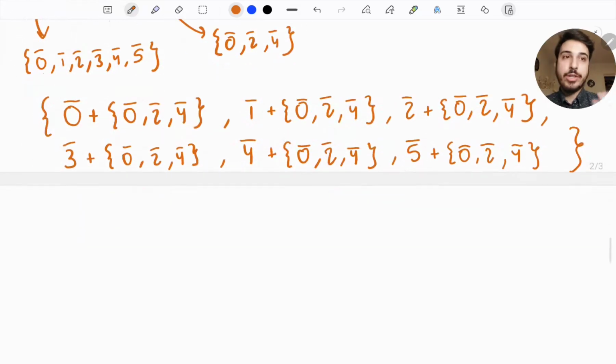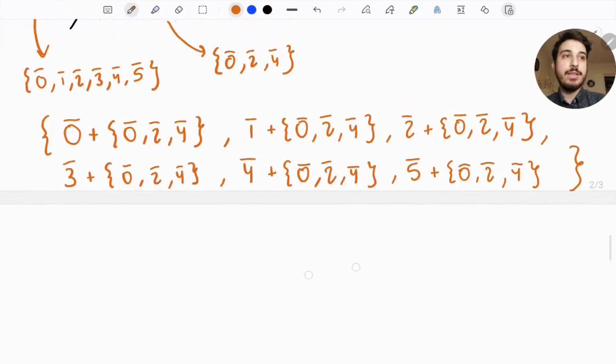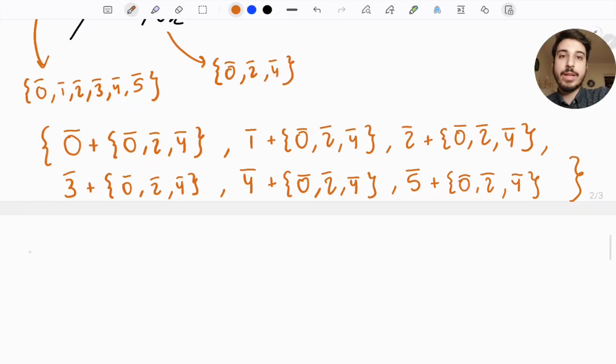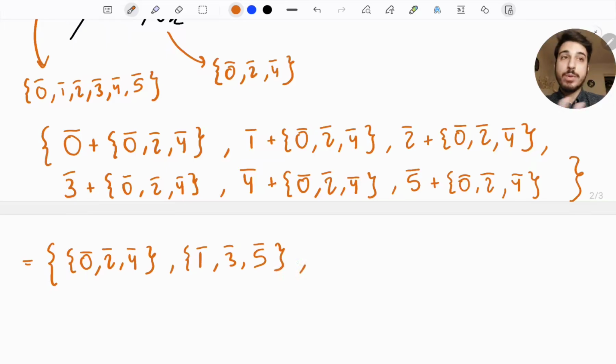Let's now do some calculation in order to simplify how this quotient group looks like. So if you add 0 to any element here, it's not going to change anything. It's just going to be 0, 2, 4. If you add 1 to all of the elements, you're going to get 1, 3, and 5. What happens with the other elements?